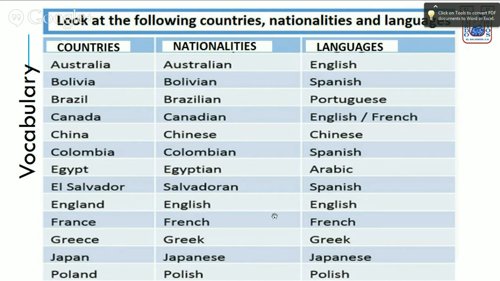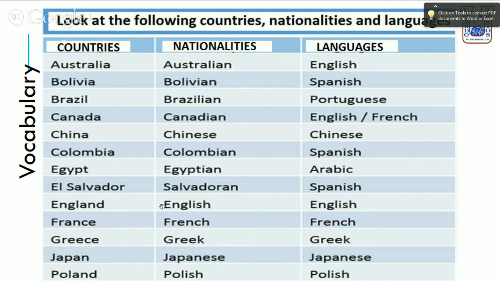England, English, English. France, French, French. Greece, Greek, Greek. Japan, Japanese, Japanese. Poland, Polish, Polish. So this is the pronunciation of the different countries, nationalities, and languages that you have as vocabulary.